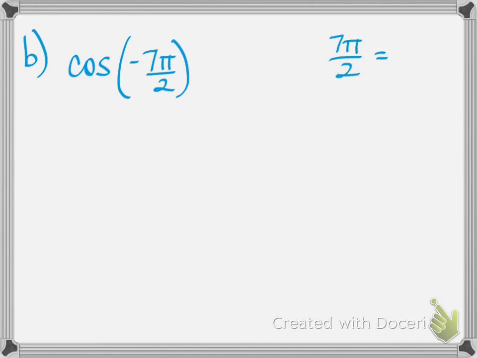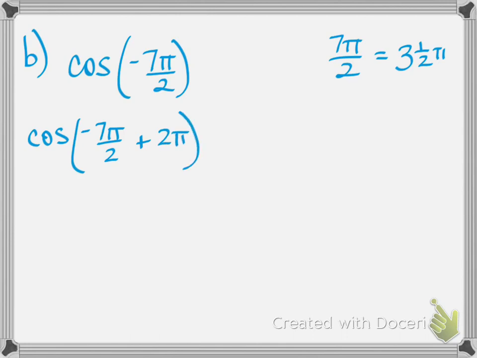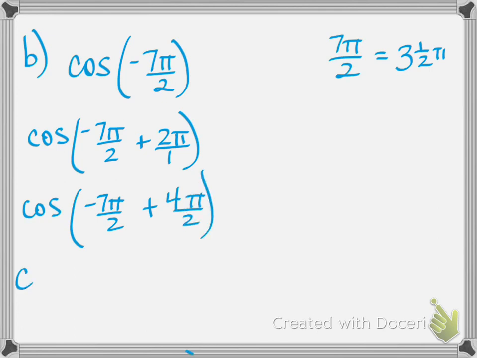When you write it as a mixed number, 2 goes into 7 3 times and a half left over. So it's 3.5 pi. 2 pi is a full circle, so it's more than a full circle. So cosine of negative 7 pi over 2, let's add a full circle to it. So common denominator, that would be 4 pi over 2. That's equal to the cosine of negative 3 pi over 2.